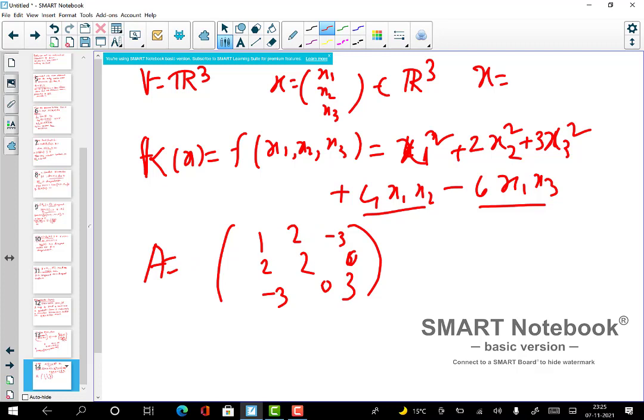So this matrix corresponds to the quadratic form, and you can define the bilinear form from it.